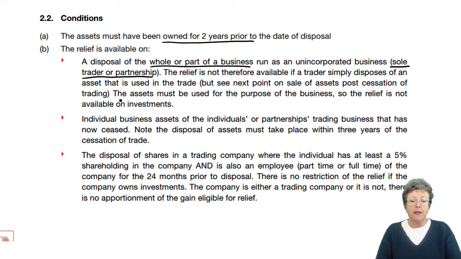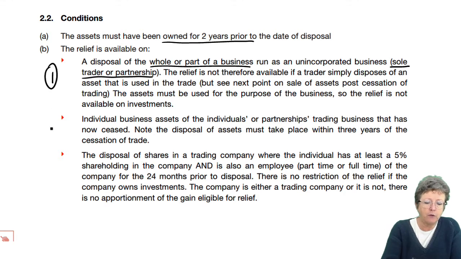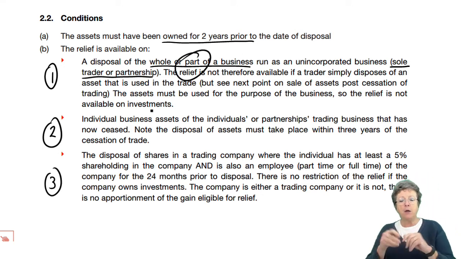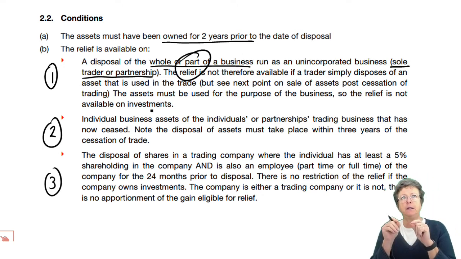That's the main one. Now, if it's part of a business, so these are the three main ones, whole or part. Now, if it's part of a business, that part must be capable of functioning on its own. So if you sold a warehouse, it's not a business in itself, so you couldn't get BAD relief on that because it's not capable of functioning.